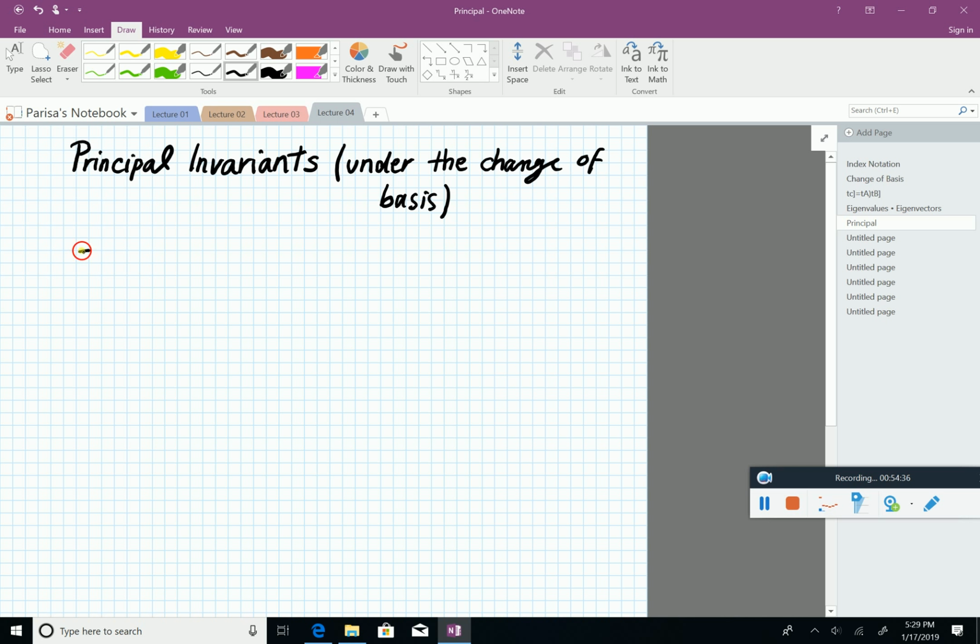And these are typically, you use numbers like that. The first one is the trace from last time. I hope everyone remembers what this is. The second one is a little bit more involved.